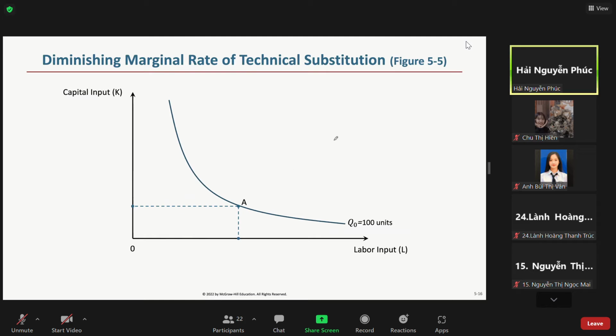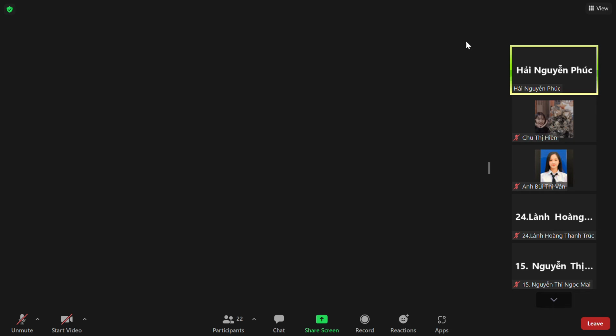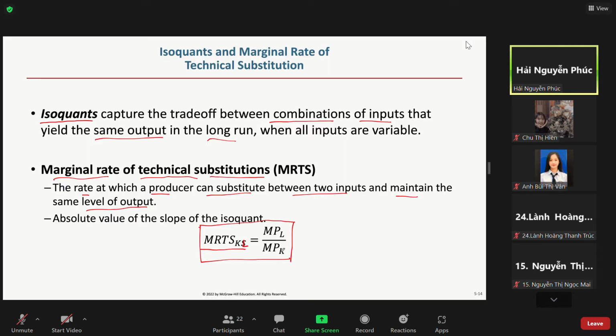Now let's define the marginal rate of substitution. Right? Recall that previously we have the following formula for the marginal rate of substitution, and we define it as the absolute value of the slope of the isoquant.